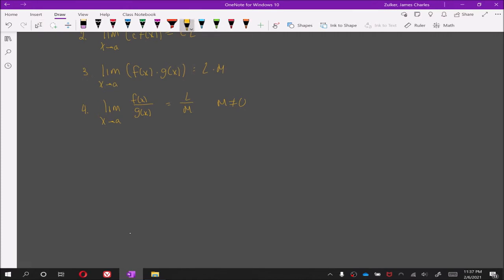Number 5, limit as x approaches a of f of x to the nth power is equal to L to the n, where n is any integer.